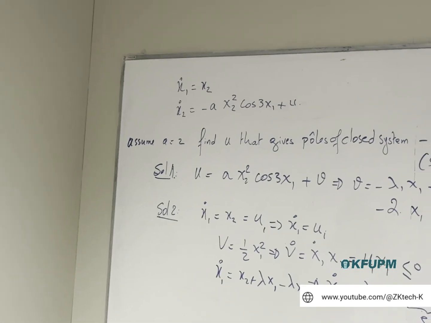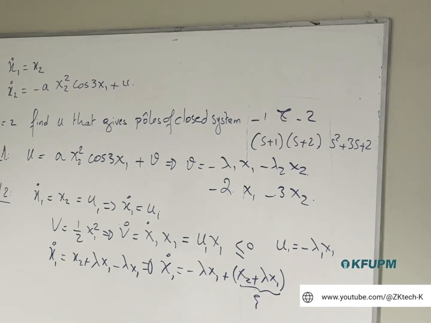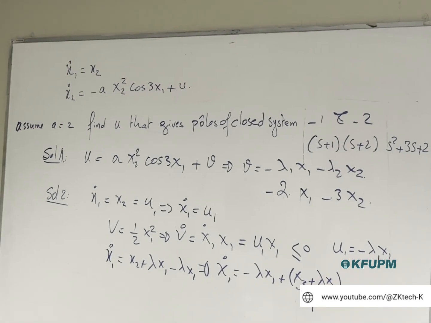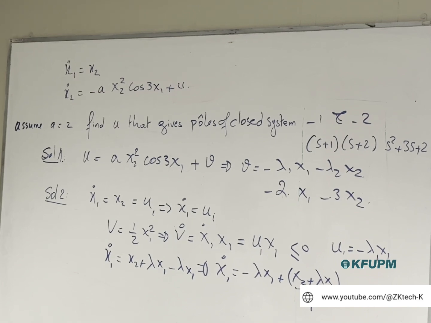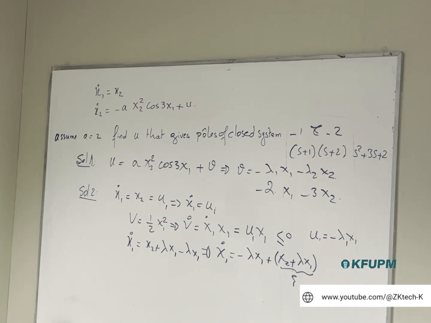Just one question. For v, you choose this input because you said the closed system is minus 1 and minus 2, right? So why don't we choose it as s squared plus 3s plus 2? Why this minus lambda 1 x1 minus lambda 2 x2, and we put minus 2, minus 3? Can you repeat your question?